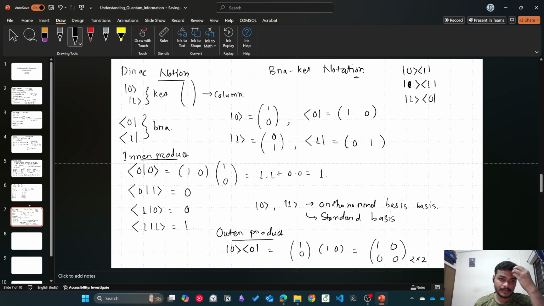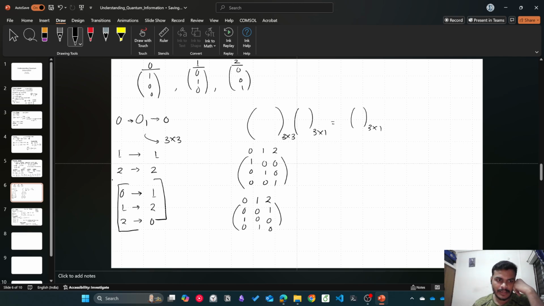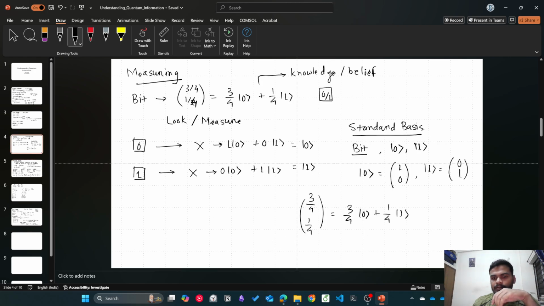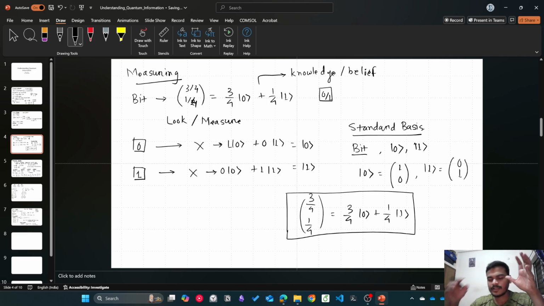So the idea is that we can represent any deterministic operation. Here we're talking about deterministic operations, which take one basis state to another basis state. It doesn't deal with probabilistic states. That means it does not take one state to some probability state. Probabilistic state is basically chances and uncertainties. Like we discussed here, this state we do not know what it is, right? Basically it is a combination of both states. So we are uncertain what the state is going to be.